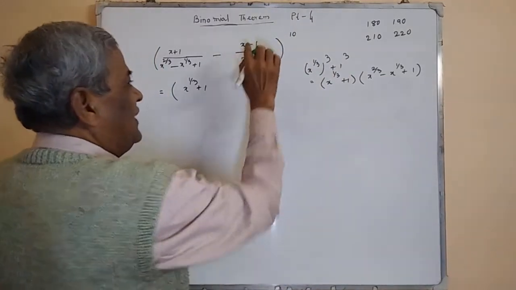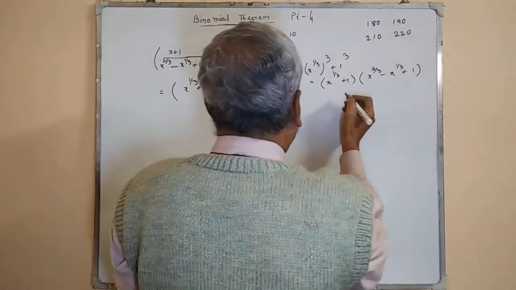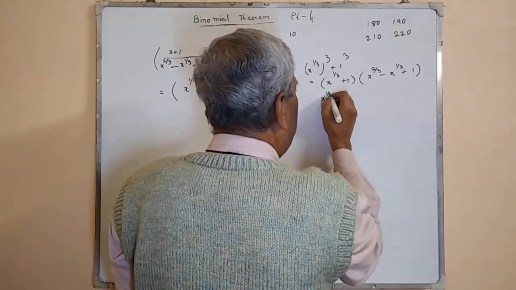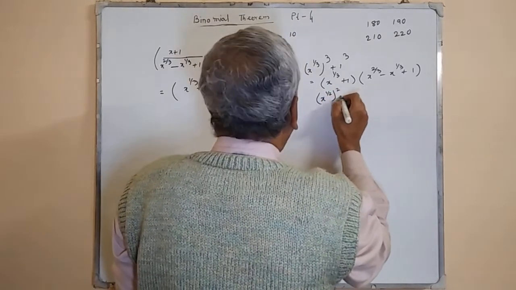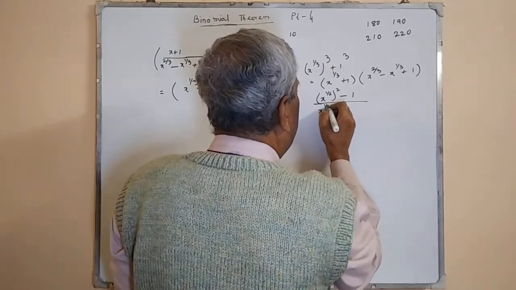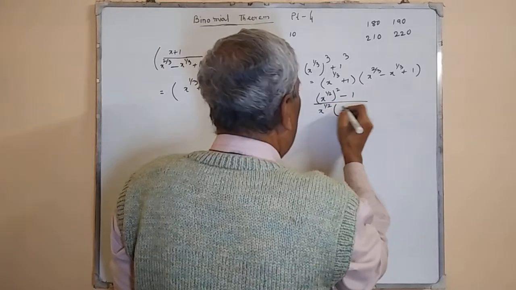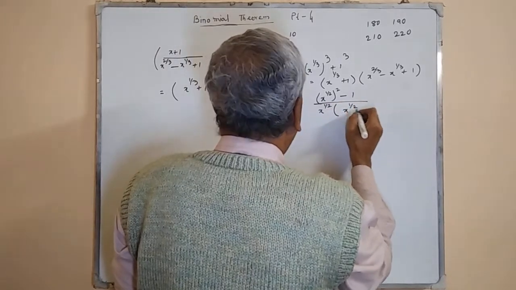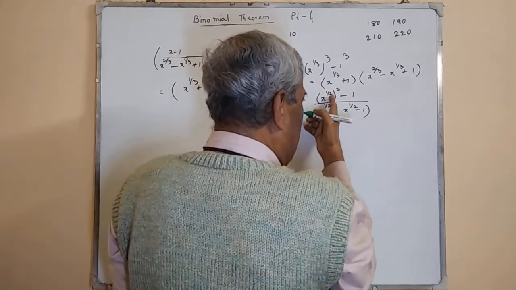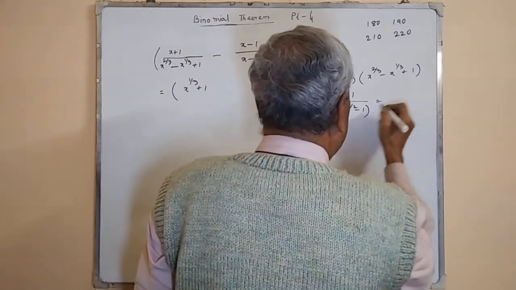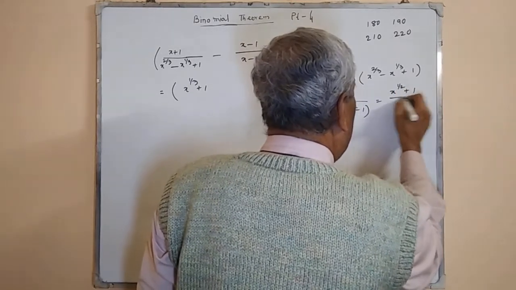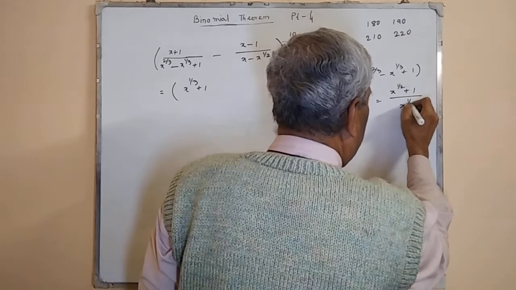Now consider this: x minus 1 is (x to the power half) whole square minus 1 square, divided by x to the power half, taking common x to the power half minus 1. It is of the type a square minus b square. So the thing is x to the power half plus 1 by x to the power half.